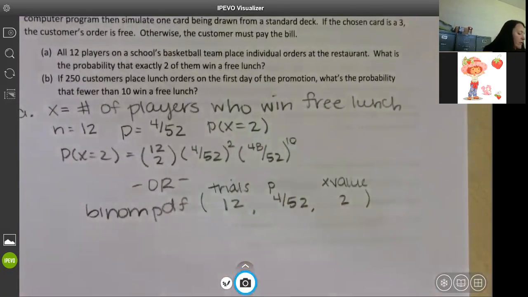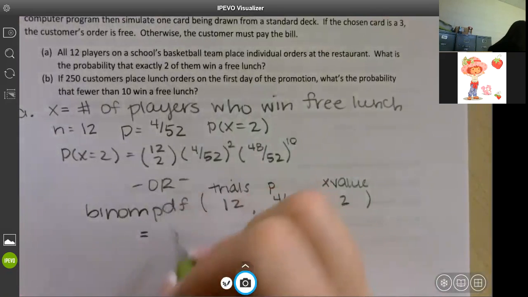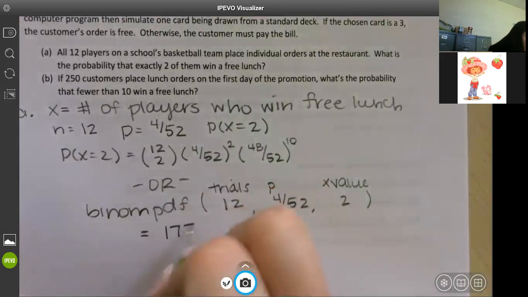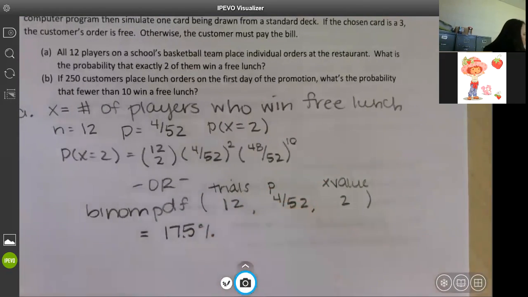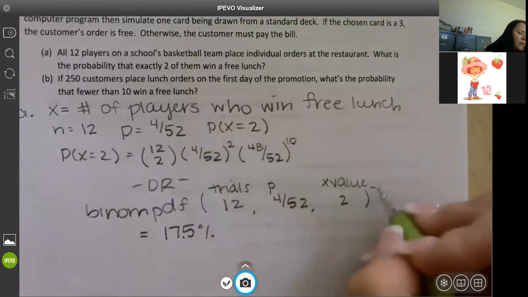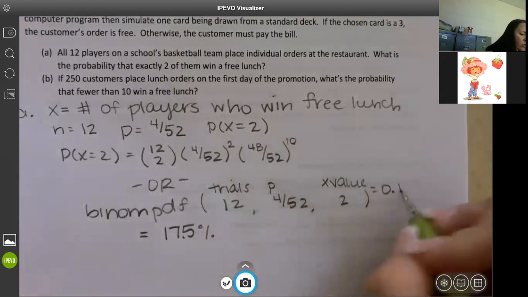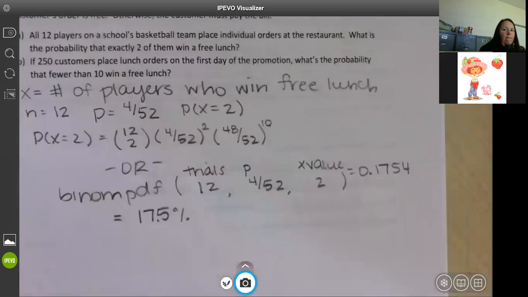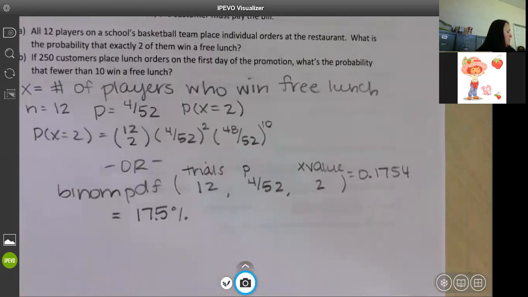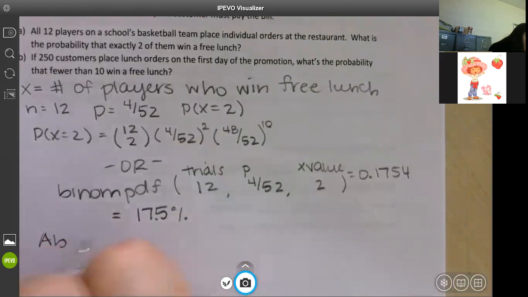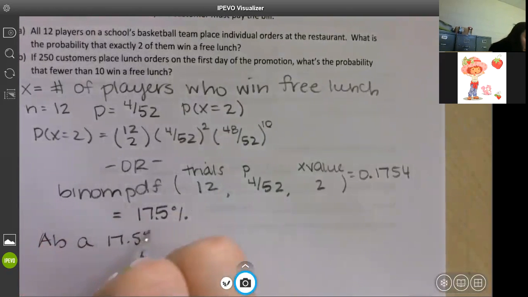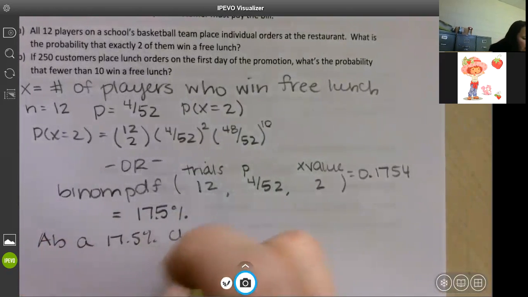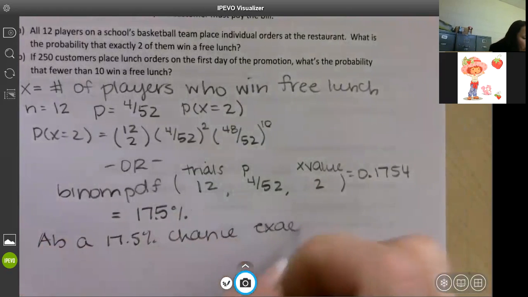When we put this in our calculator or work it out, we get 17.5%, or 0.1754. So if we write it out and answer the question, what is the probability? There's about a 17.5% chance that exactly 2 will win.